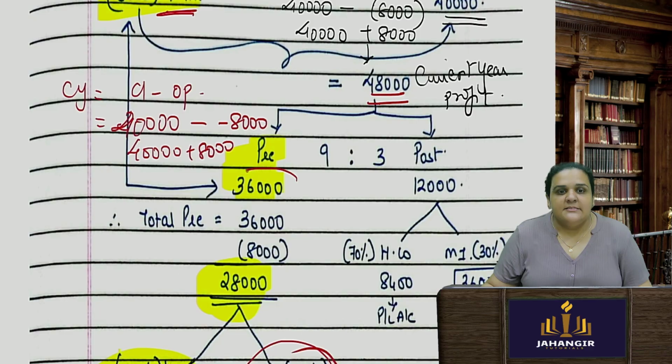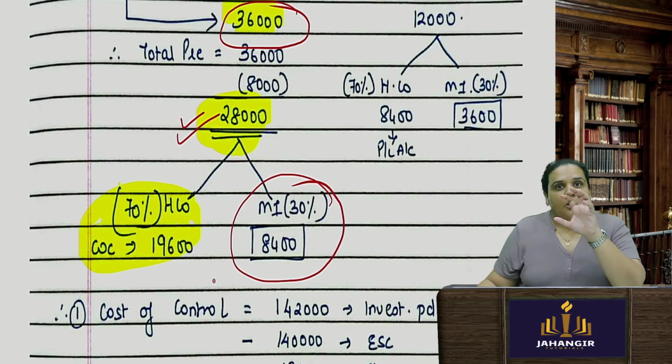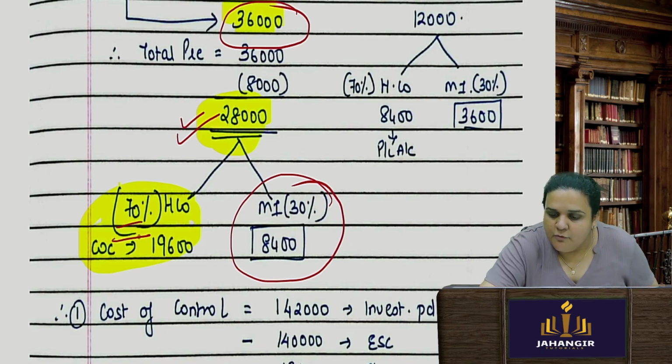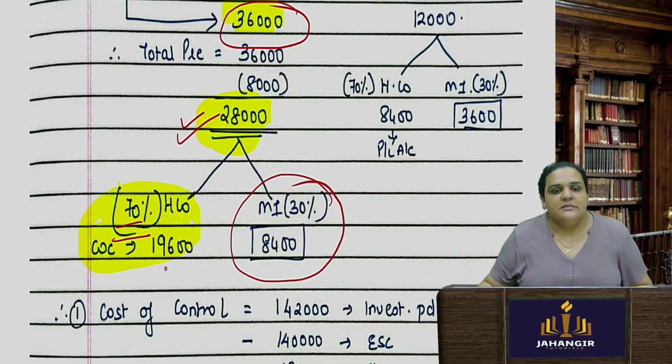Now this 36 we will adjust with the loss of 8,000. 28,000 will be my pre-profit. Holding company share 70%. Okay, so if you do 28,000 into 70%, 19,600 will go in cost of control, balance minority interest share.